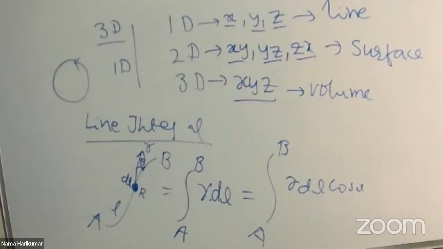R dot DL is a point value. The total curve, the complete curve AB, can be obtained by integrating.